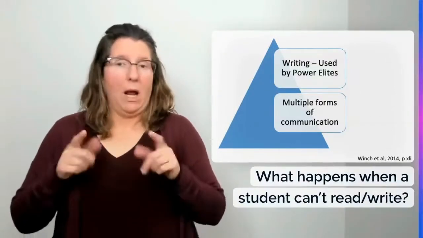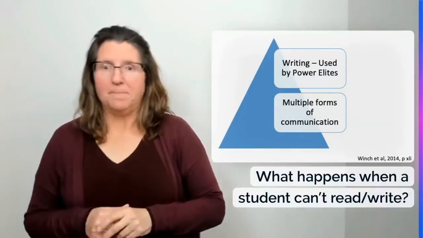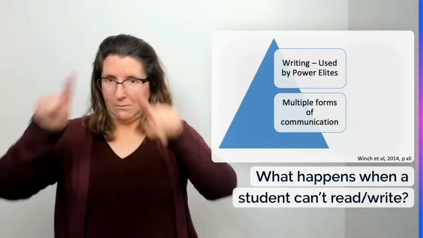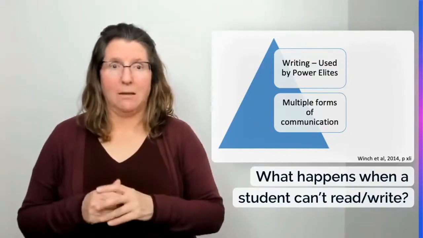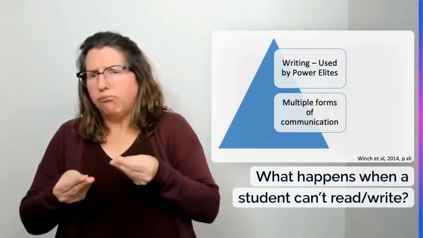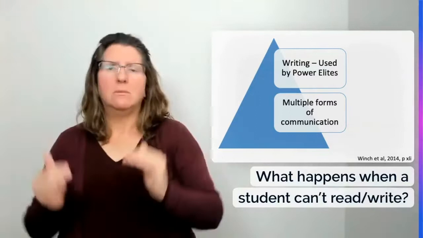What happens today when a student cannot read or write? You'll see the blue triangle on the slide. At the top are the writing elites in society, the people whose writing is considered advanced.